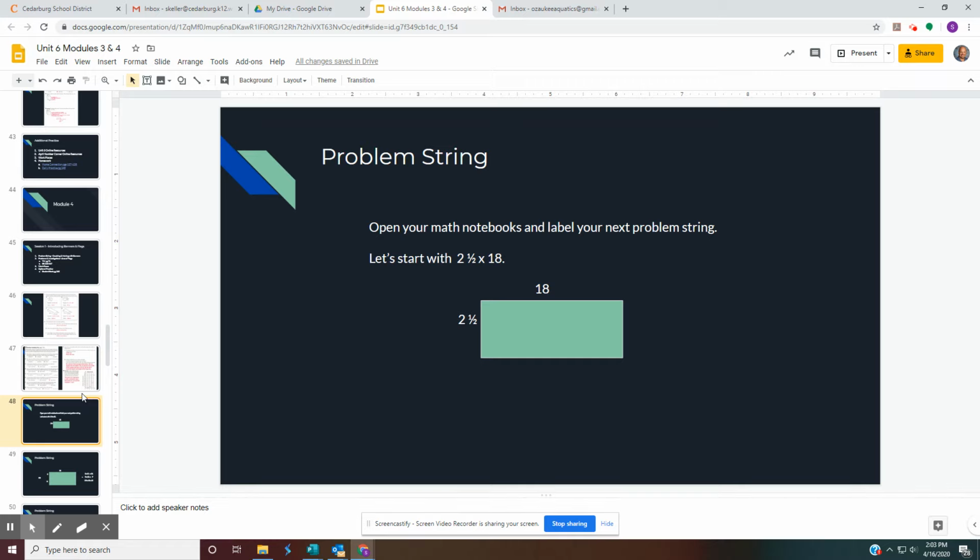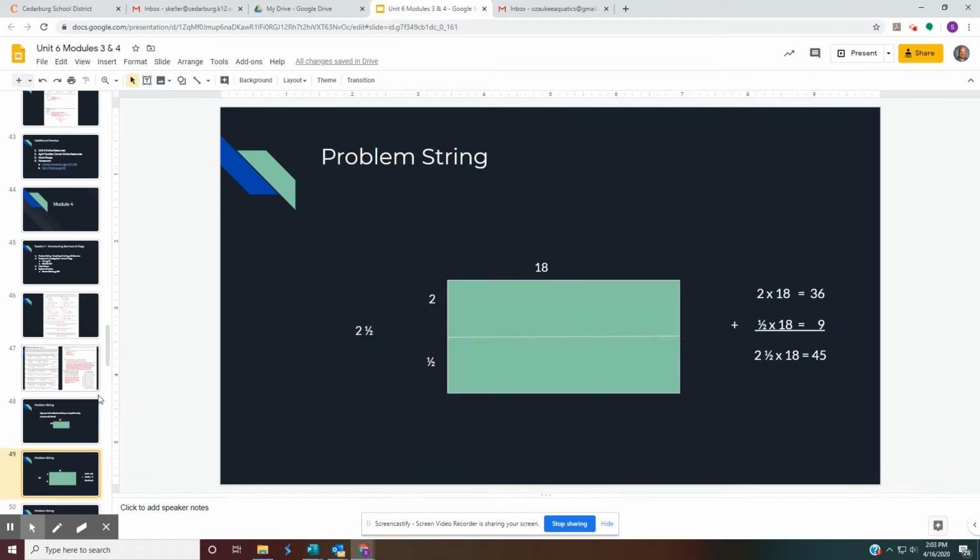And we're setting this problem up very similarly to how we would set up multiplying whole numbers or mixed numbers. And we're going to use the same principles with that. And what I mean by that is we're going to take that 2.5 and break it up into 2, and then break it up into a half. And then we're going to figure out how big the array is when we multiply 2 by the width of our array and we multiply a half by the width of our array.